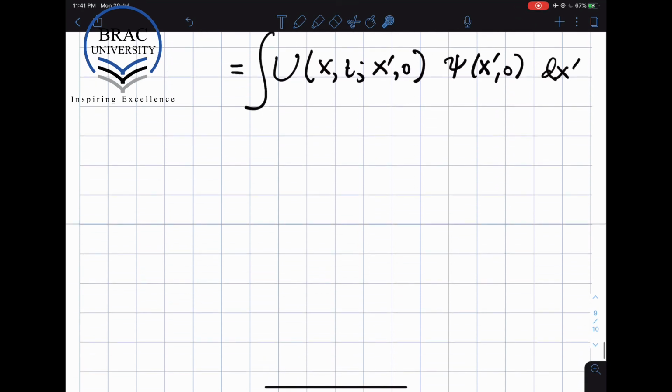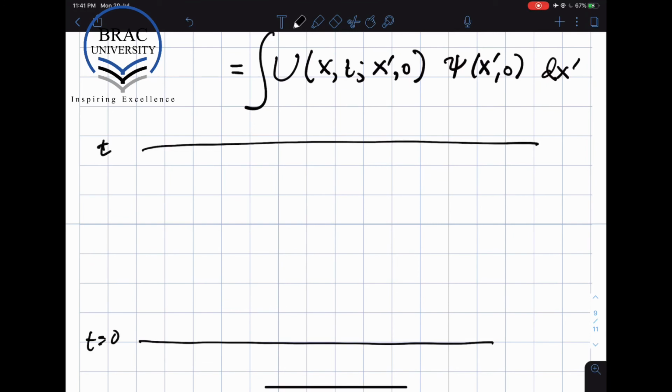So the graphical interpretation of this is that we have all of space here, and this is given at some time, say t0, and at some future time, say t, we want to know what the wave function is over here at this value of x. So this is all of x, this is x', and this is x.